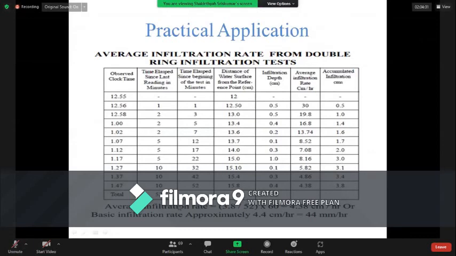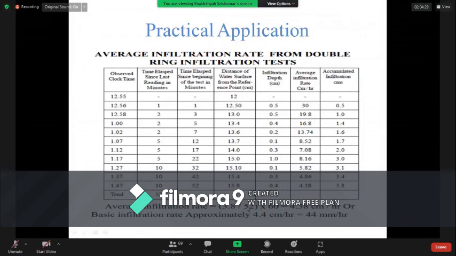Then average infiltration rate is accumulated infiltration over total time. In this column, you need to add everything and get the total time, or else you can directly use the last value from the accumulated time interval. So you can directly use that. So 3.8 divided by 52 minutes.